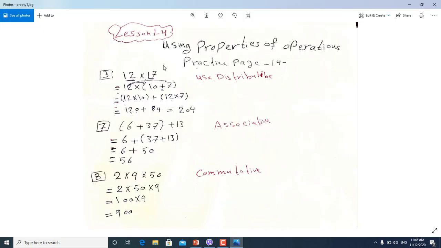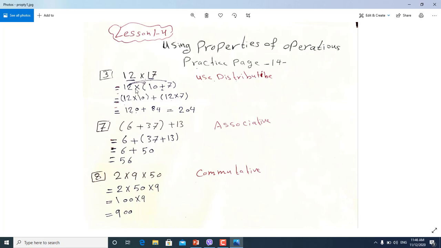Practice page 14 is about using properties of operations. From number 3, we have 12 times 7. Which property must you use? You have two numbers multiplied together, so you can break up this number into two parts. So you know that you must use the distributive property. So we have 12, we write it again, we don't change this.